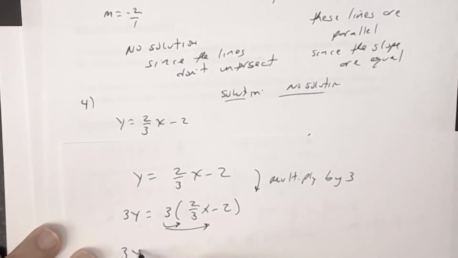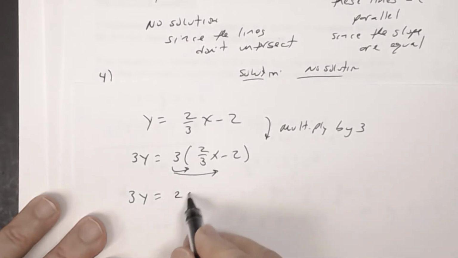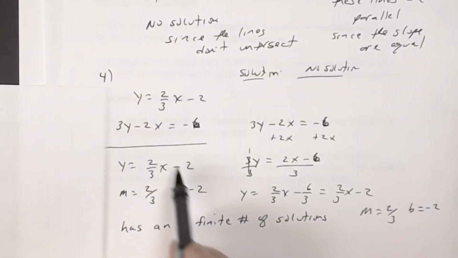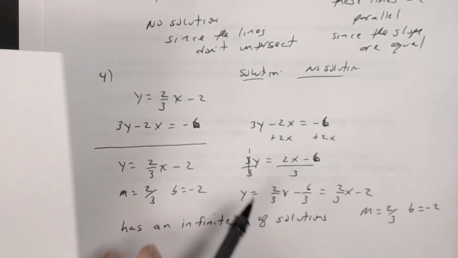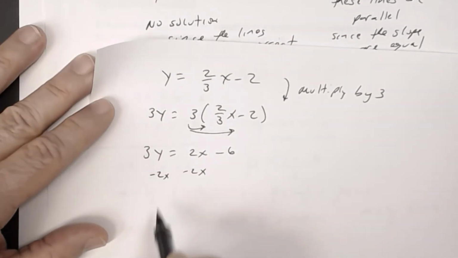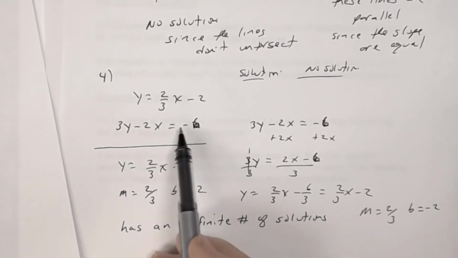I get 3y equals 3 times 2/3 x is 2x, and 3 times negative 2 is negative 6. Now remember, I'm trying to see if this is this. Well, if I subtract 2x, I get 3y minus 2x equals negative 6. And isn't that what this is?